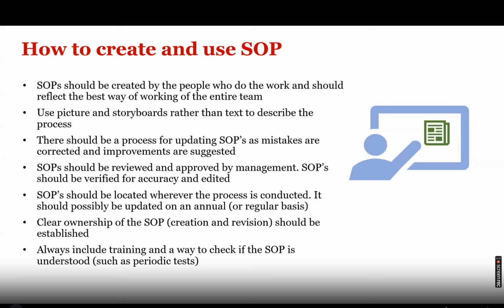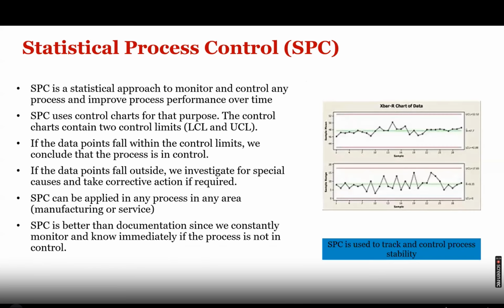If it is an HR related SOP, it should be present within the HR team. It should be updated at regular intervals as decided. Clear ownership of the SOP should be established, and after the SOP is prepared, it is good to have some training in place so that the SOPs are well understood by people, and any doubts or questions can be clearly resolved.